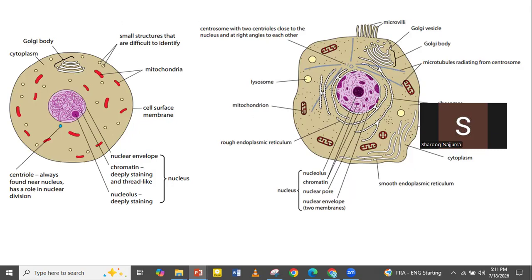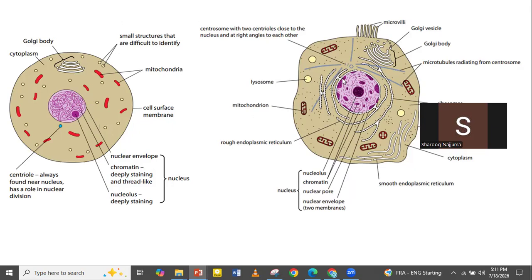Let's start with any feature. Which feature should we start with? Let's start with the nucleus. When you look at this nucleus in the light microscope, it is surrounded by a single membrane, which we call a nuclear membrane.